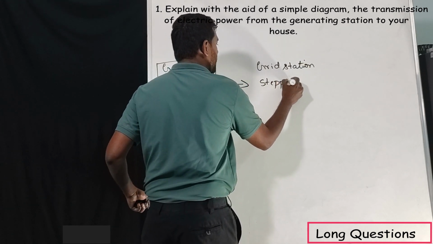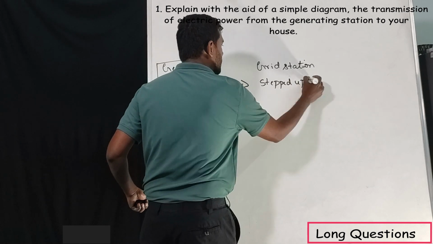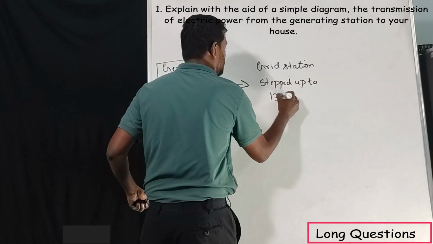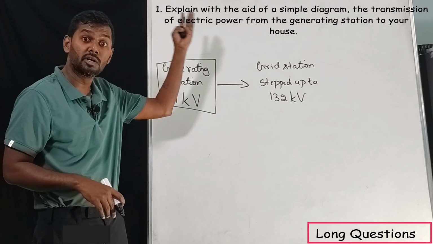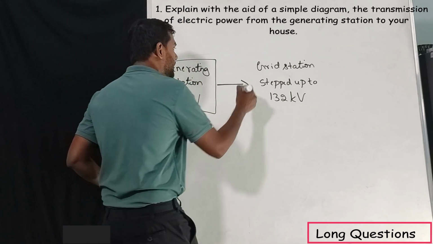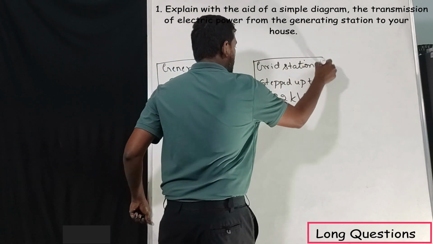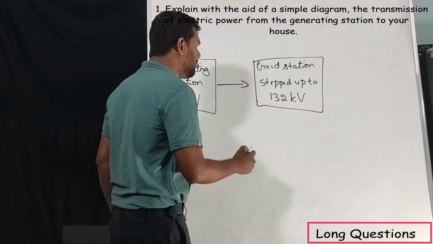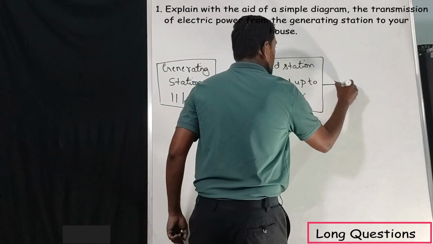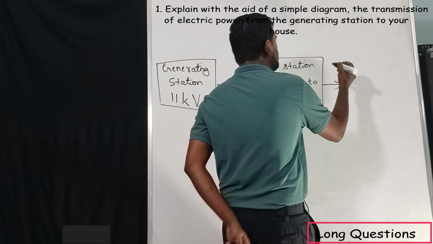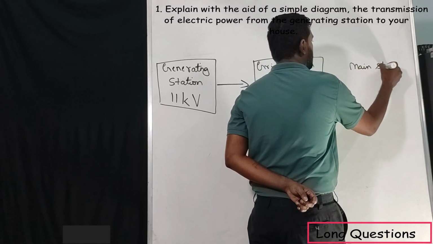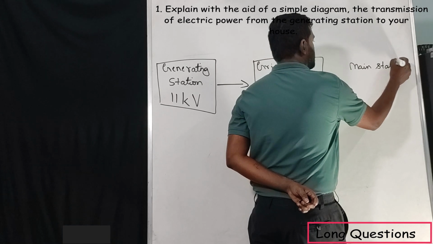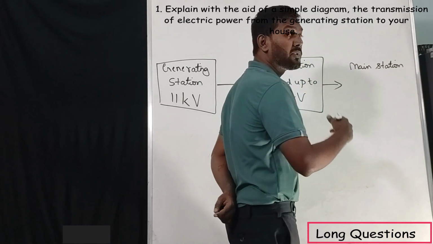This is very important. Stepped up to 132 kilovolts. From 11 to 132 kilovolts it is increased. Now this is given to the main station. Now it is stepped down.